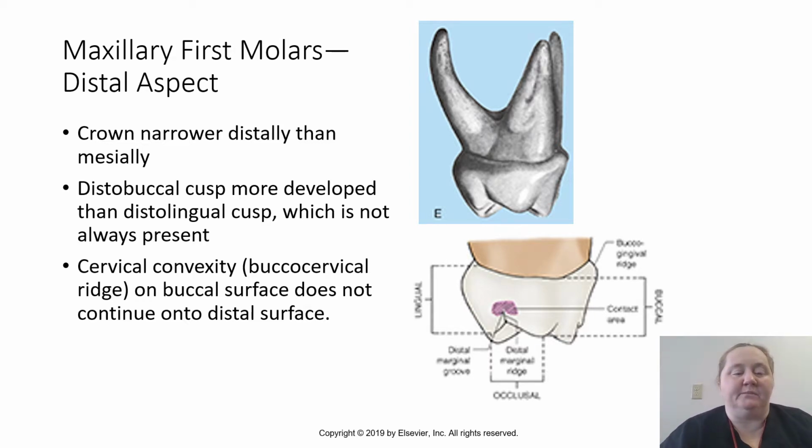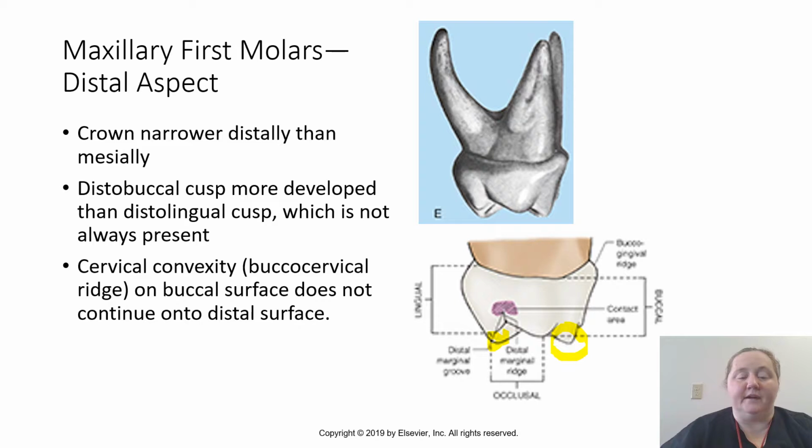Right, our distal aspect, we're going to have a crown that's narrower distally than mesially. Okay, so this is going to be a little more narrow than our previous slide. The distal buccal cusp is more developed than the distal lingual cusp, so that's just opposite, right? So now here's our distal buccal and our distal lingual.